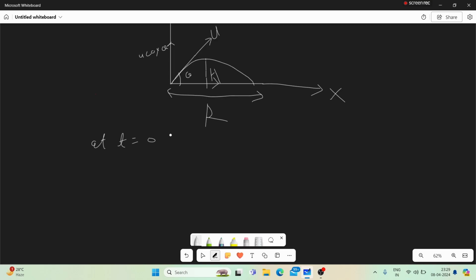At t equal to 0, ux is equal to u cos theta, x is equal to 0, and uy is equal to u sin theta, and ay is equal to minus g j cap. So this is simply two-dimensional motion.